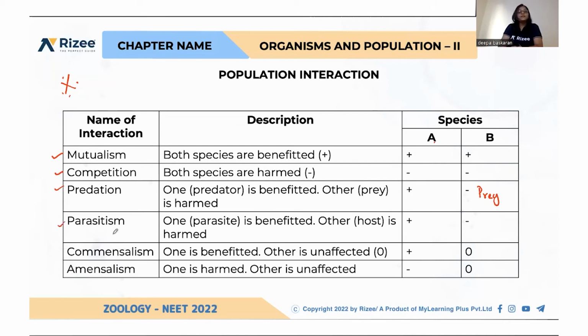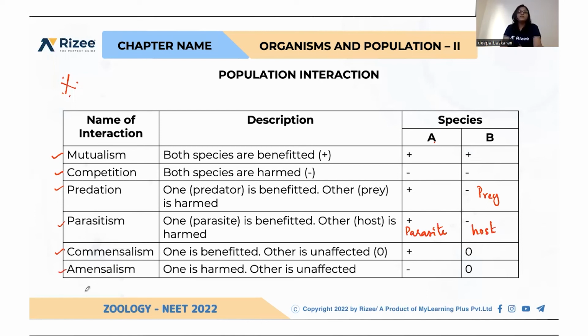And parasitism, again different parasites are there, endo and ectoparasites. Here one gets benefited, that is the parasite, and the host gets affected. And commensalism: here one population is getting benefited, the other is not affected.